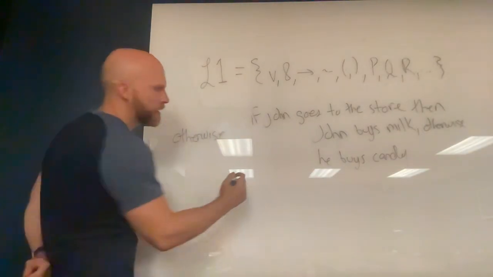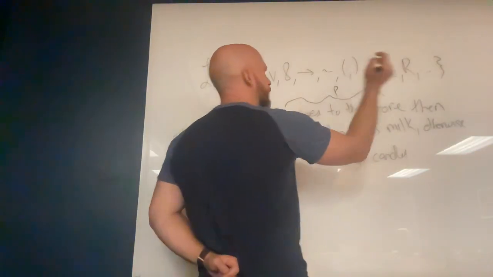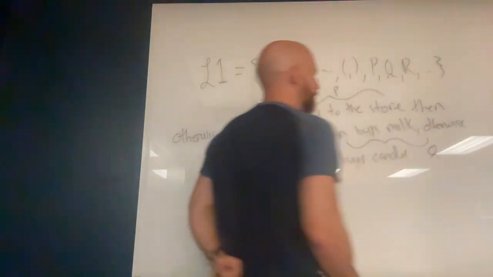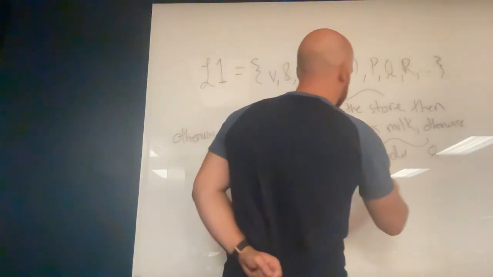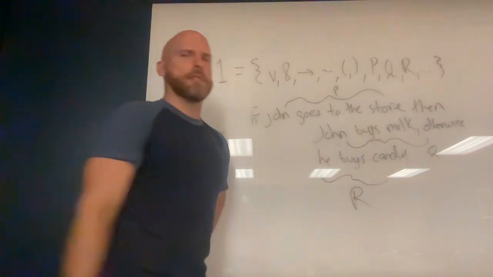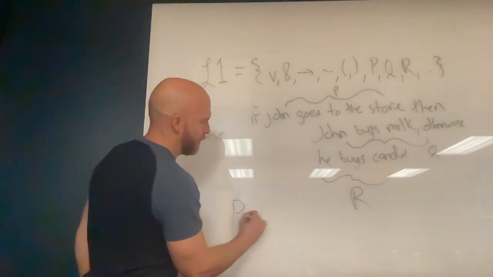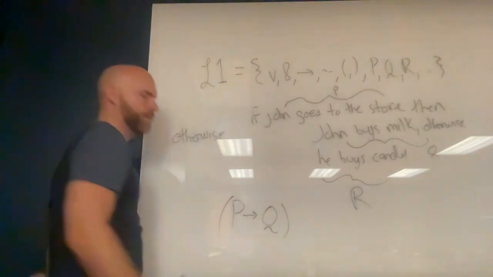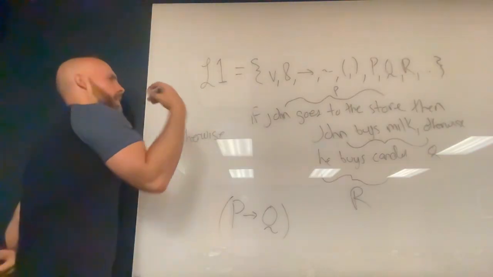Now the first one here: John goes to the store, P; John buys milk, Q. We'll give an R for the candy. So we have three sentence letters here. It should be pretty straightforward how we capture "if John goes to the store, then John buys milk": just if P then Q. We want to say something in addition.